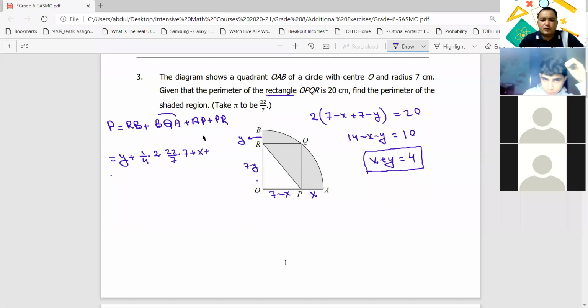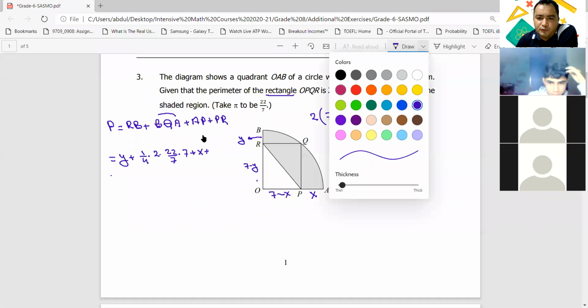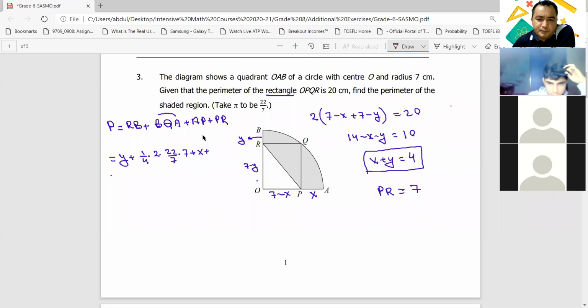And how about PR? Daphne, that question is for you. What is the length of PR? It is 7. You know why? That is a very important point, because ORQP is a rectangle, right? In rectangles, diagonals are equal. If I draw a diagonal and also draw another diagonal, these diagonals are equal, right?